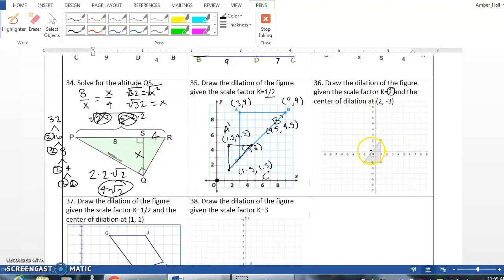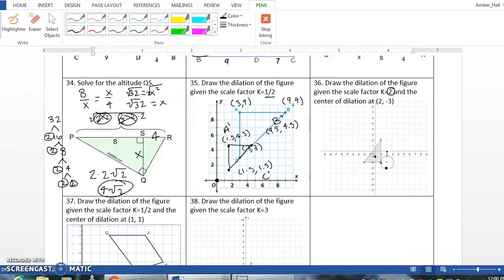Draw the dilation of the figure given the scale factor k equals 2. And the center of dilation is at 2, -3. So this is our center of dilation. Scale factor of 2, which means it's getting bigger, which means that our new figure, our image, will be further away. So when the center of dilation is somewhere else, we just take our distance and multiply it by the scale factor. So right now this point is 1 away, so it's going to be 2 away.